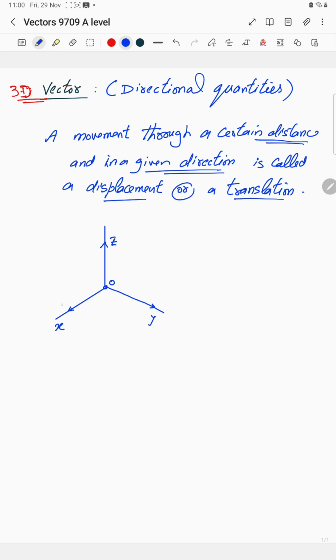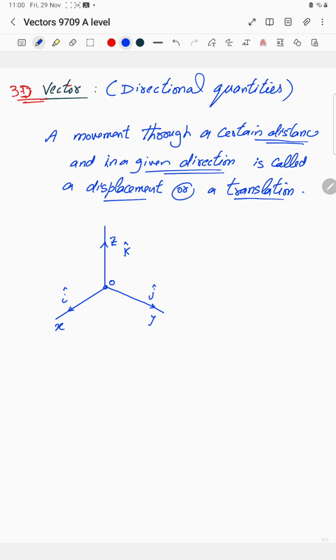Generally we represent movement along the x-axis with the unit vector i, the y-axis with j, and the z-axis with k. These are the general terms associated with movements along the x-axis, y-axis, and z-axis in three dimensions, and each is a unit vector.